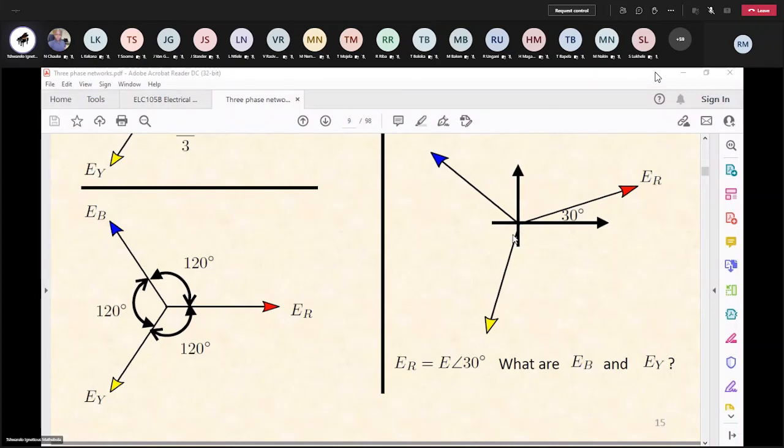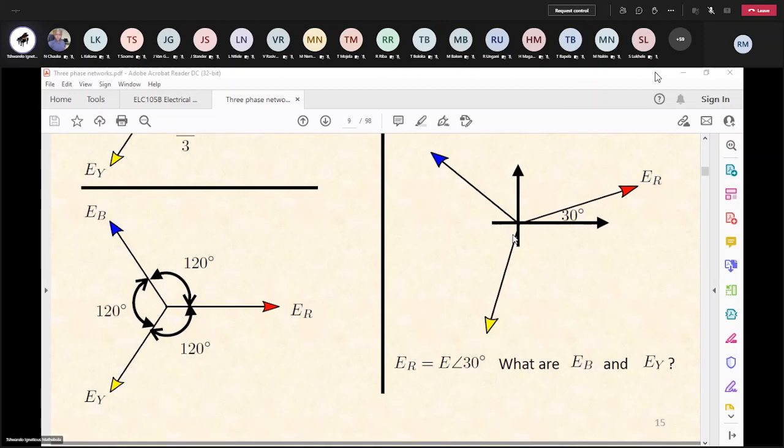But we want to know where the others are. What we know is that they are also out of phase from each other by 120 degrees. So EY will be given as E angle 30 degrees minus 120 degrees. That is where EY would be, and that is where EB is. EB would be E angle 30 degrees plus 120 degrees.